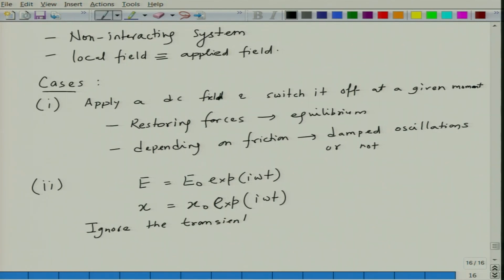students who are more interested can go through the solution by themselves by substituting x is equal to x naught exponential i omega t.